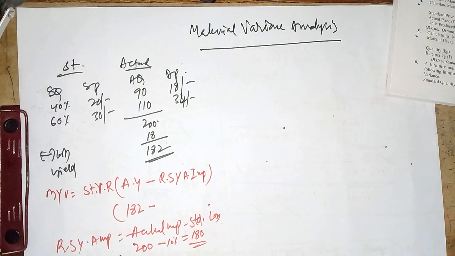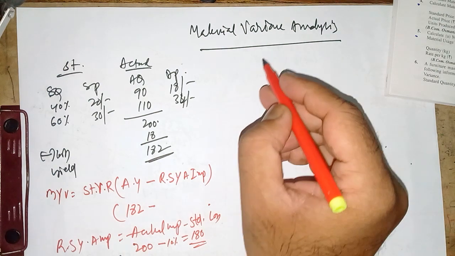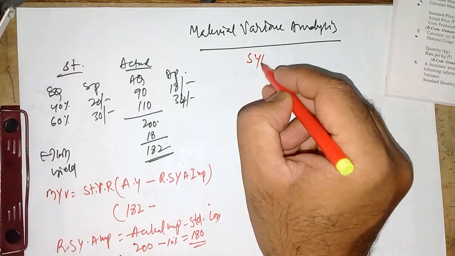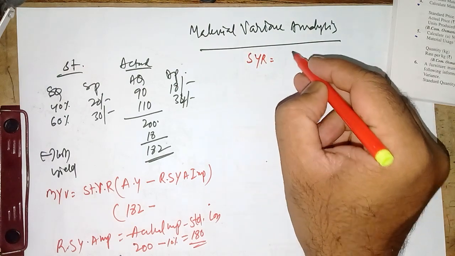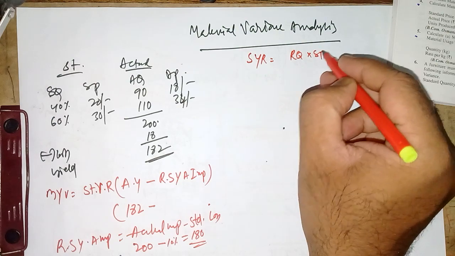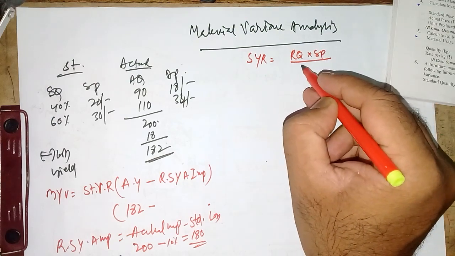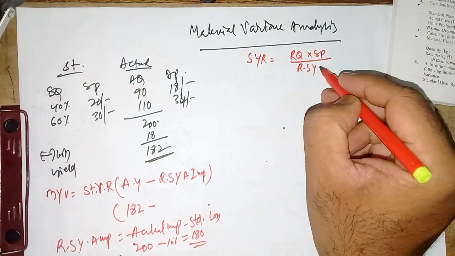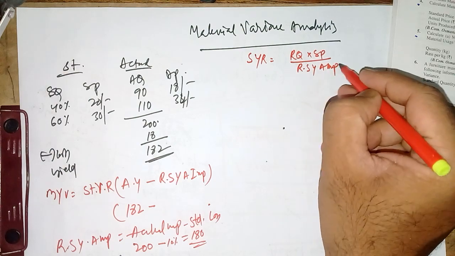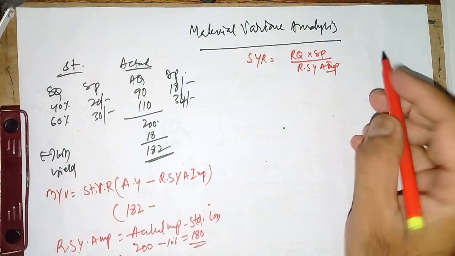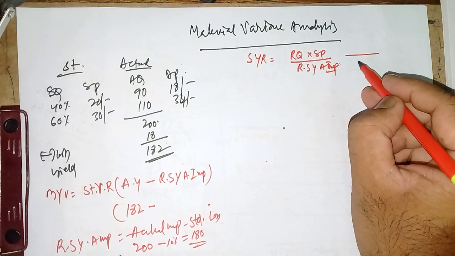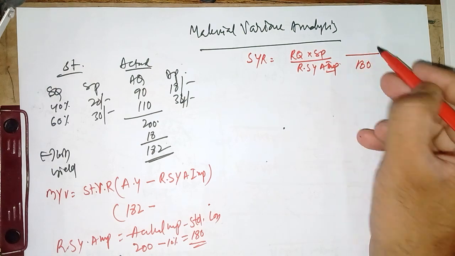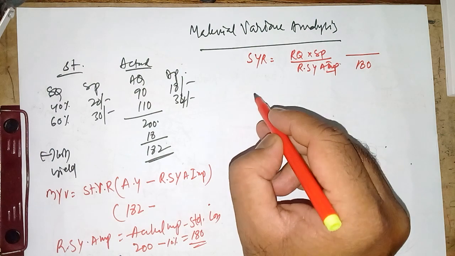Now what we need to calculate is the standard yield rate. What is the formula? Standard yield rate equals RQ into SP divided by revised standard yield for actual input. Revised standard yield for actual input we already have as 180, whereas RQ we don't know, so we need to calculate it.